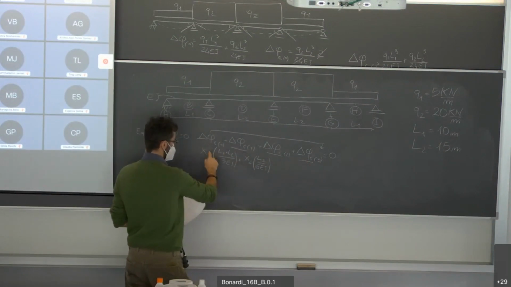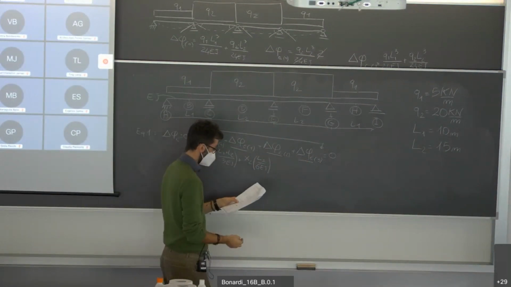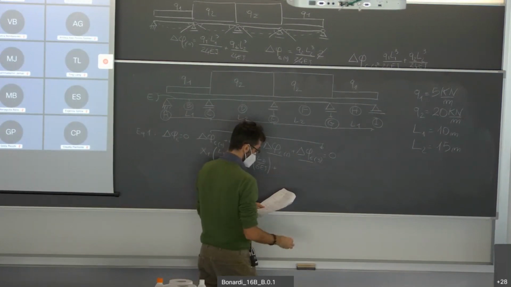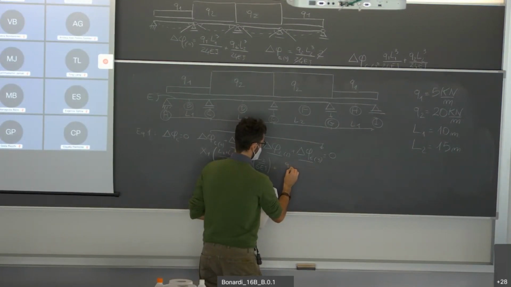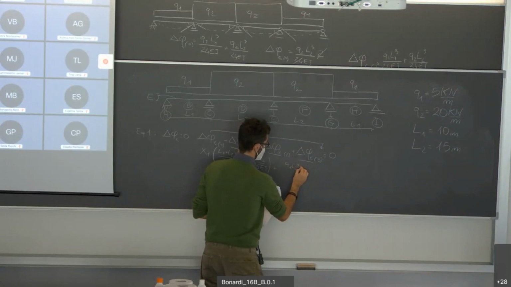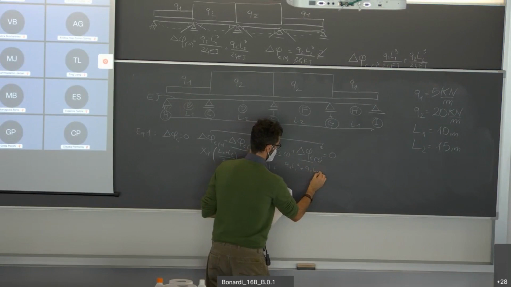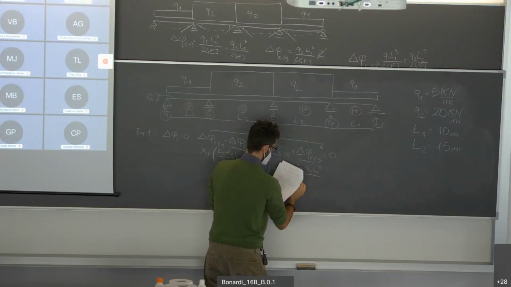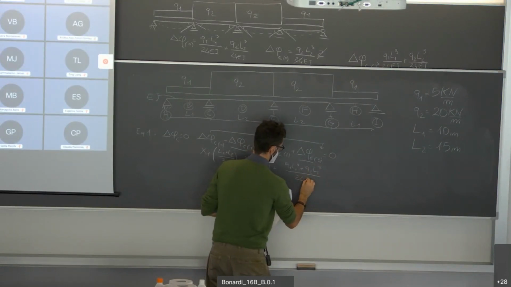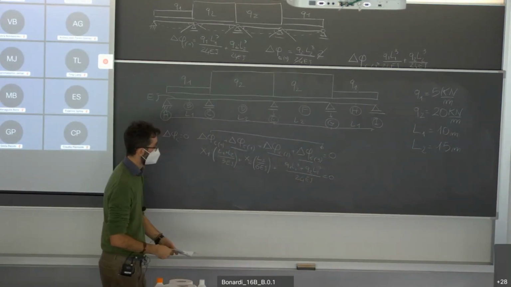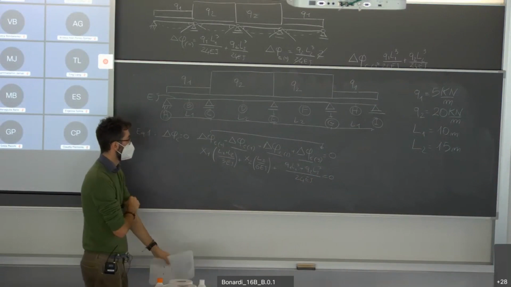And then we have this term plus (Q1 L1 to the power of 3 plus Q2 L2 to the power of 3) over 24EI. These three terms have to be equal to 0.